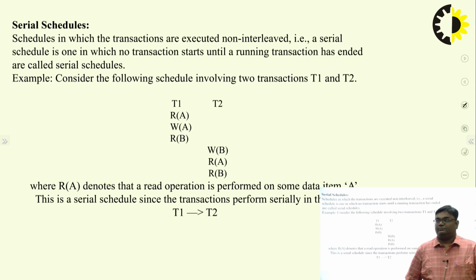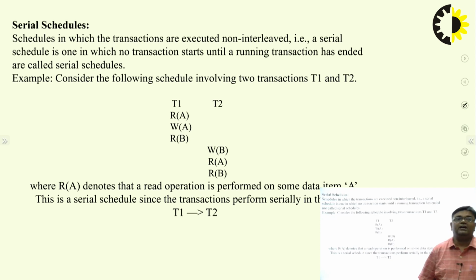So, first we start with the serial schedules. What is a serial schedule? Schedules in which the transactions are executed non-interleaved, meaning they are not performing the transactions in parallel. A serial schedule is one in which no transaction starts until a running transaction has ended.